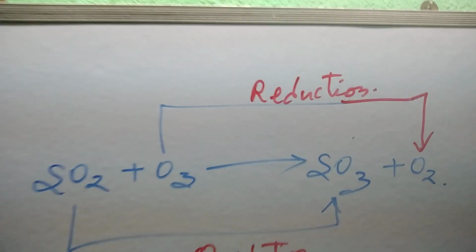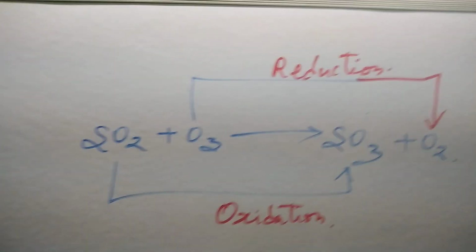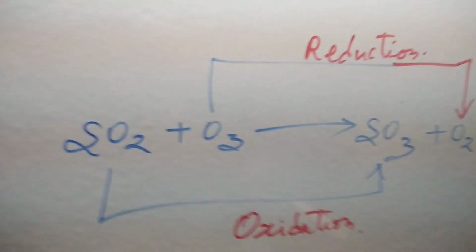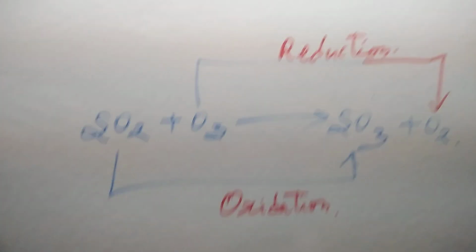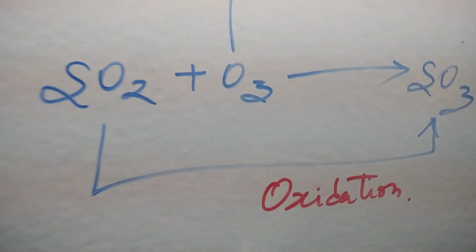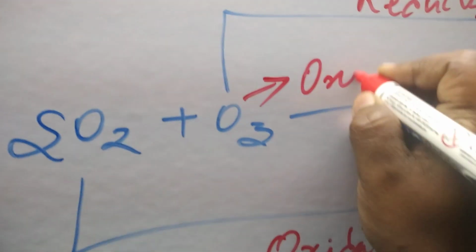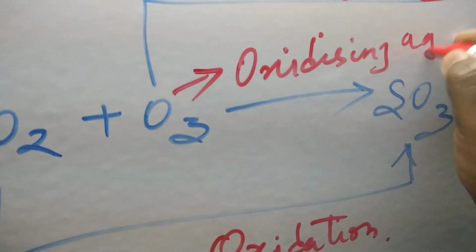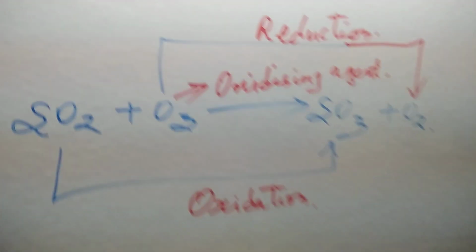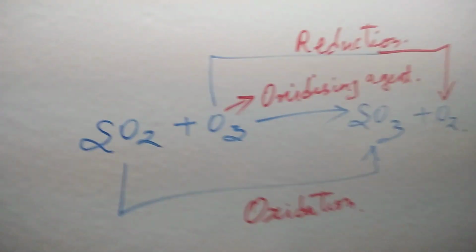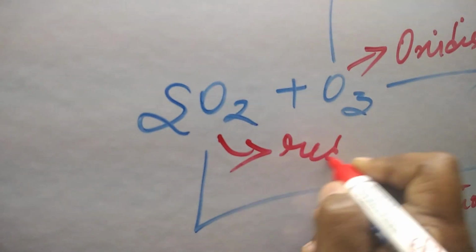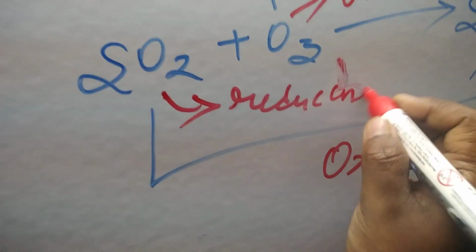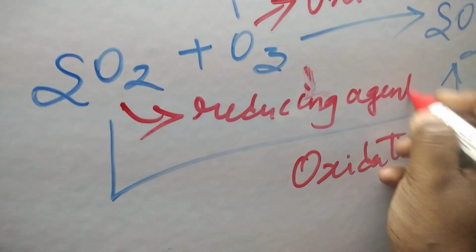Now, since we have got to know which are reducing agents and which are oxidizing agents, O3 ozone is the oxidizing agent, and in this reaction SO2 is the reducing agent.